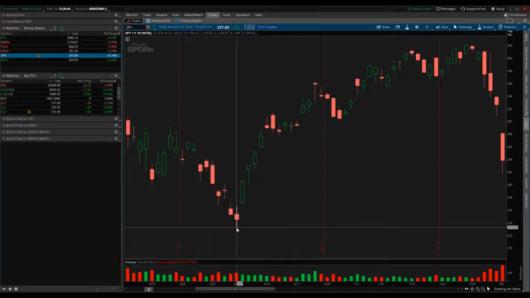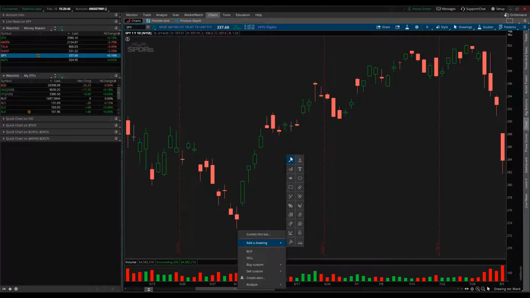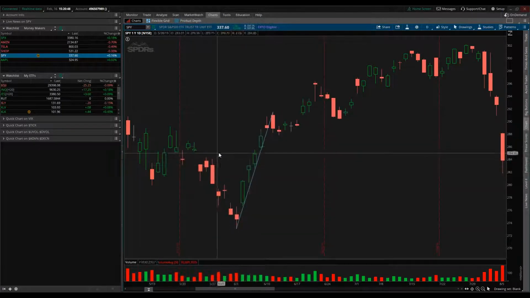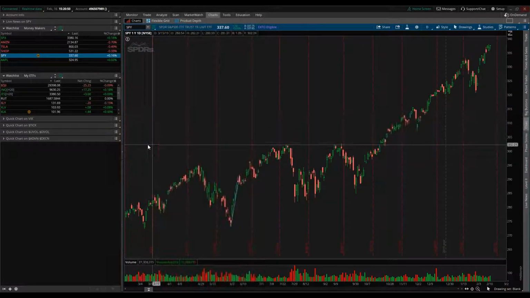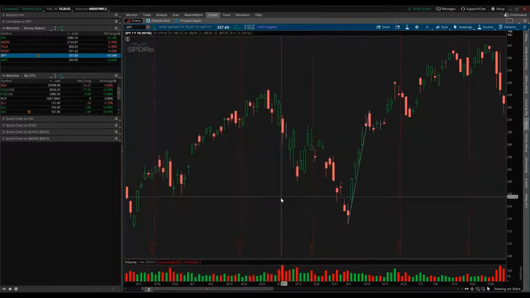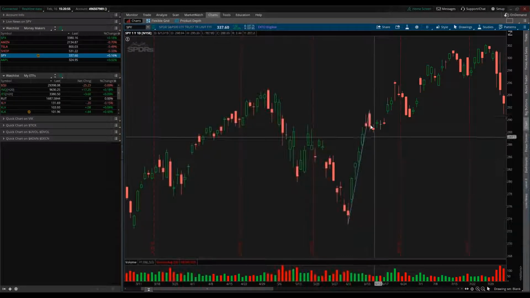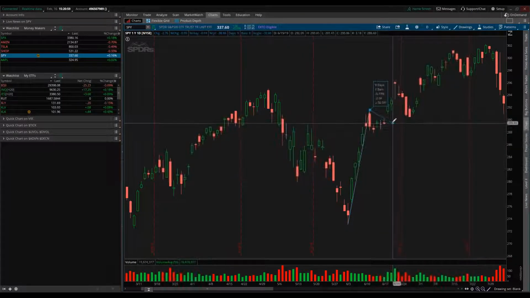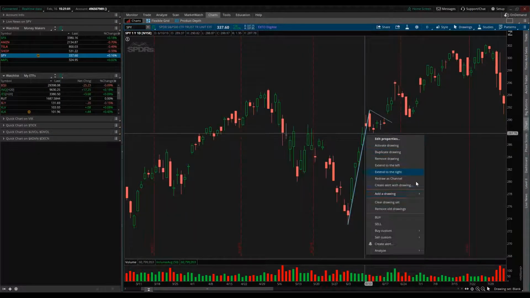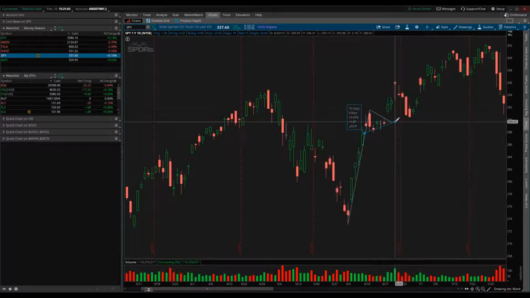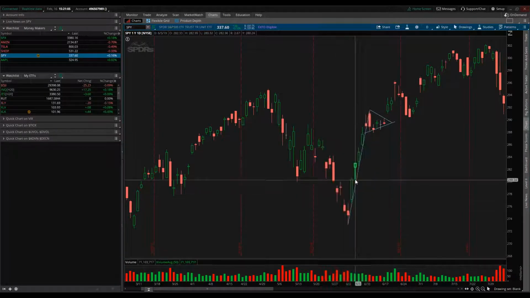Right after that, we have this impulse move up. And let me actually zoom not so far out. Take like this section. Okay, we have this impulse move up. Price consolidated. Maybe a little bull flag here. Okay.